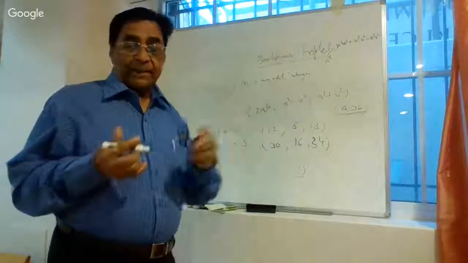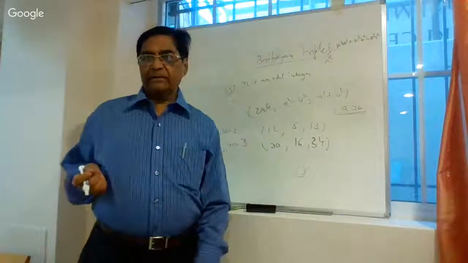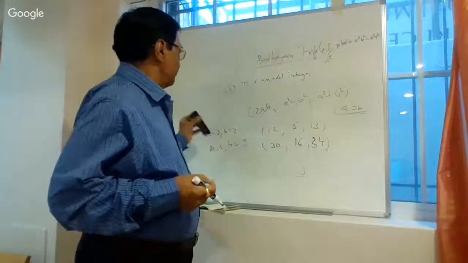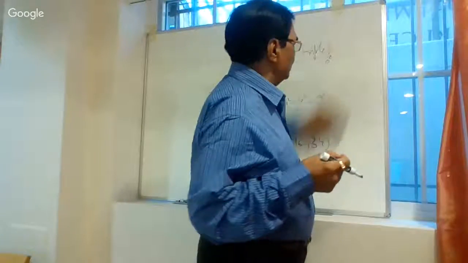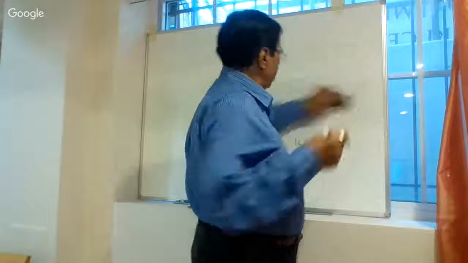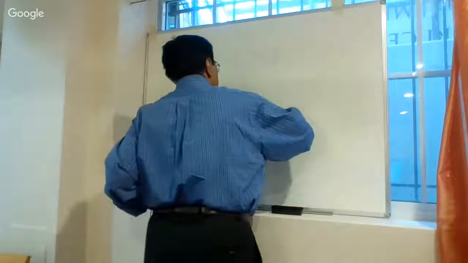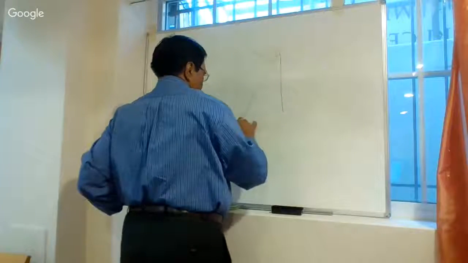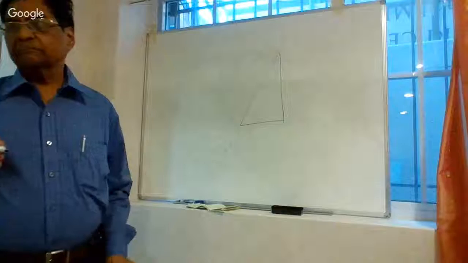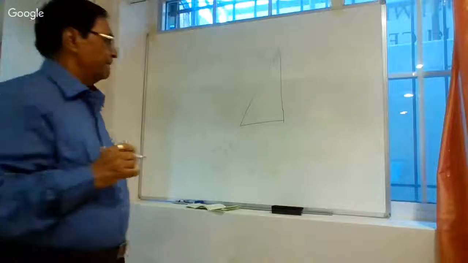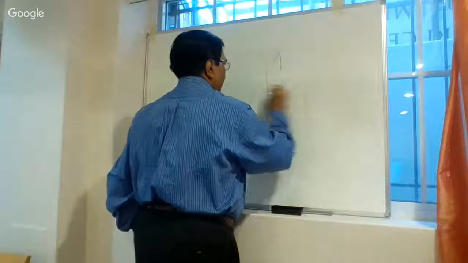What I am interested in is how this will be useful at the student level. This is useful to students without calculating much. Suppose here, for example, this is a right angle triangle with sides 2.1 and 2.8. What is the hypotenuse?